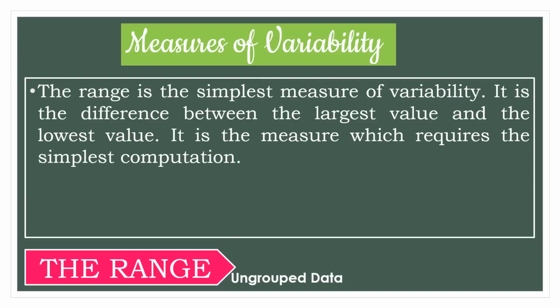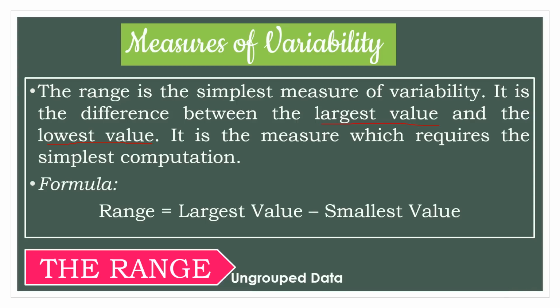What we have solved is actually the range of the set of data. The range is the simplest measure of variability. It is the difference between the largest value and the lowest value. It is the measure which requires the simplest computation. So simply identify the highest and the lowest, and then subtract them. And that is the range.